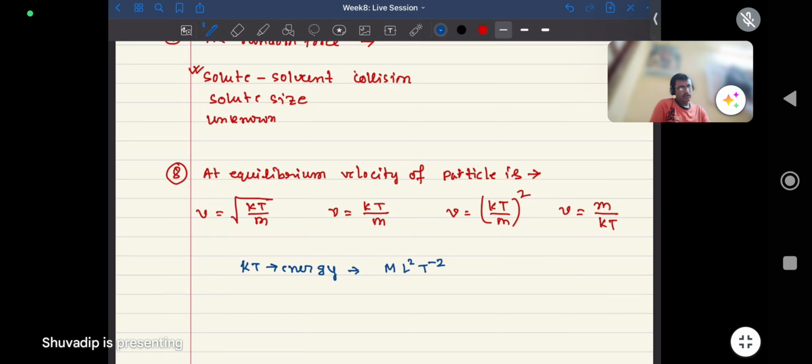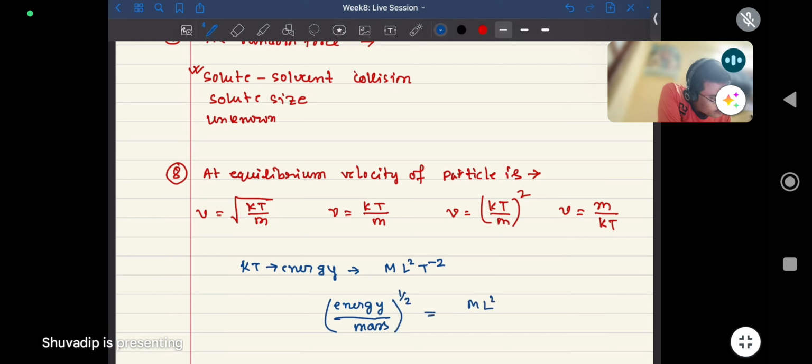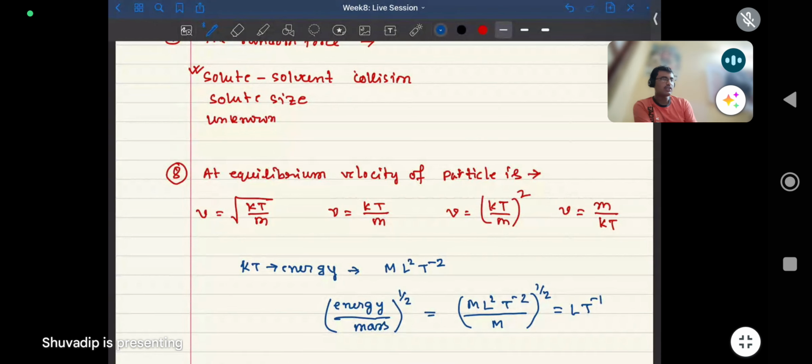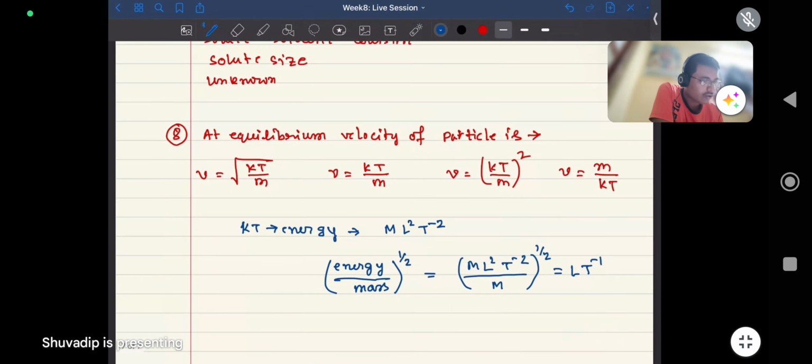Now if you want to get the dimension of velocity, there should be something like energy by mass to the power half. Now if you calculate m L square t to the power minus 2 by m to the power half, this will give you L t to the power minus 1, which is the dimension of velocity. So from this dimensional analysis calculation, you can tell that this is the correct option. In the other options, the dimension is not of velocity, something else.